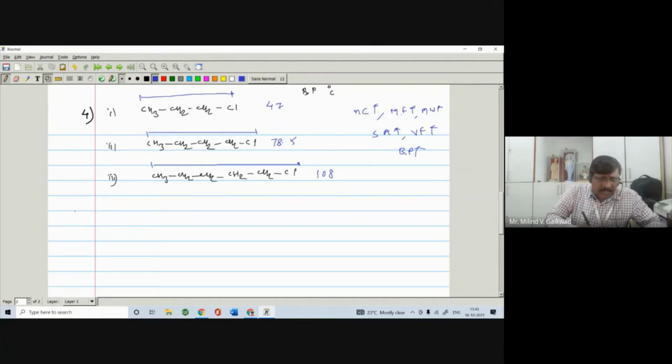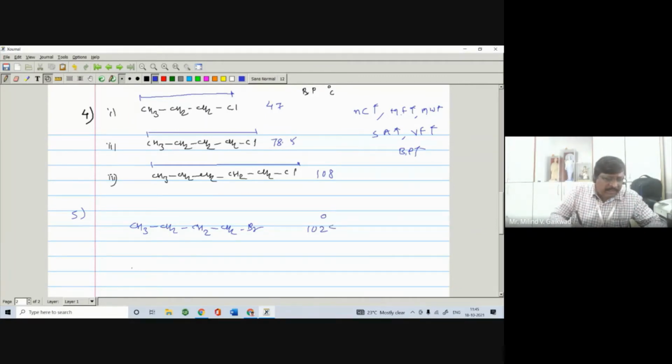Now the next example. Here is CH3, CH2, CH2, then CH2 and Br. n-butyl bromide has a boiling point of 102 degrees centigrade.